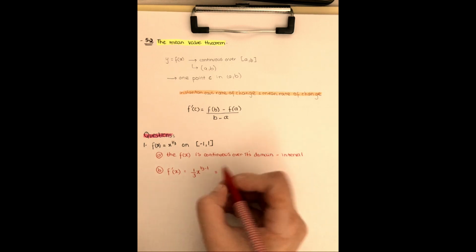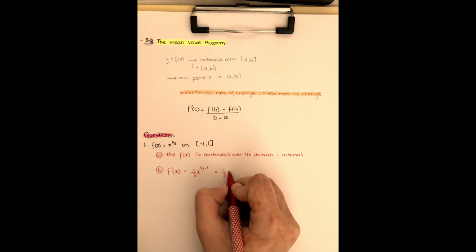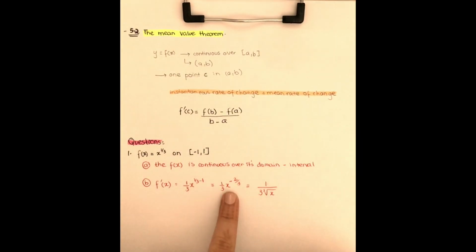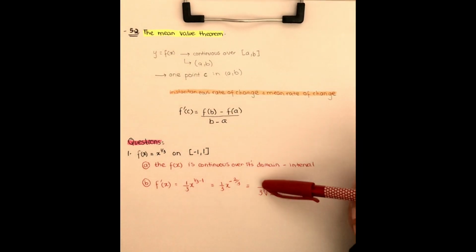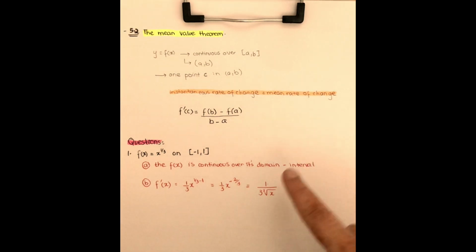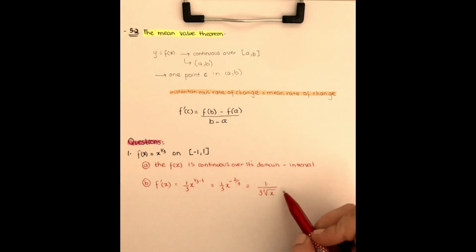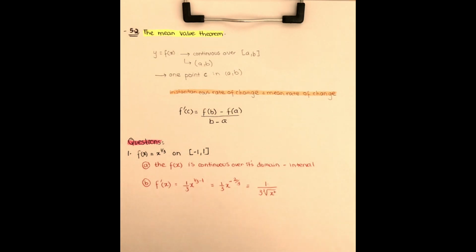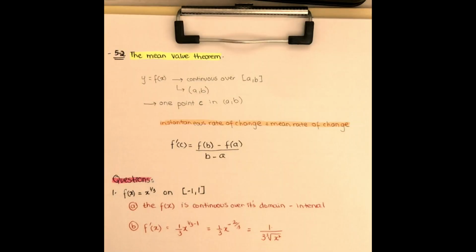So you get 1 over 3 x to the power of negative 2/3. The way of writing this form is to change it to radicals, which is 1 divided by 3 times the cubic root of x squared. As we can see from the derivative, x cannot be 0.